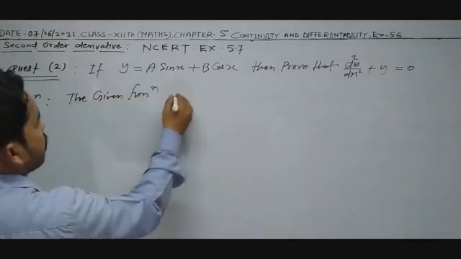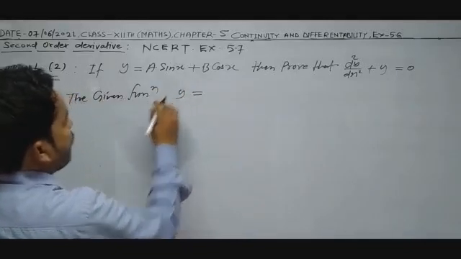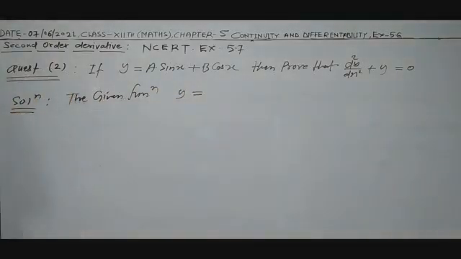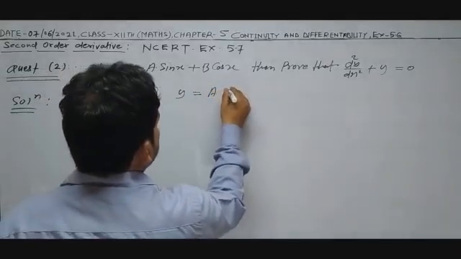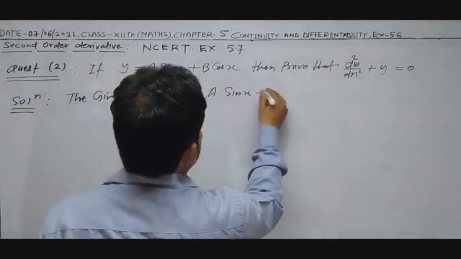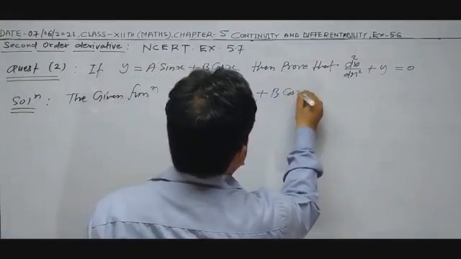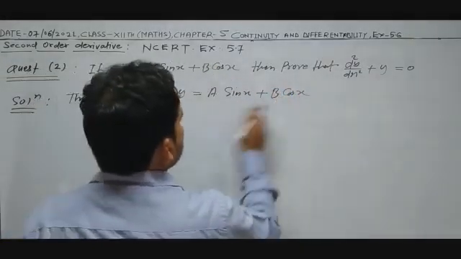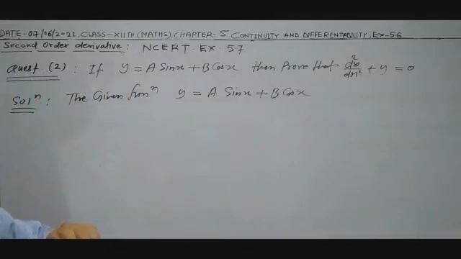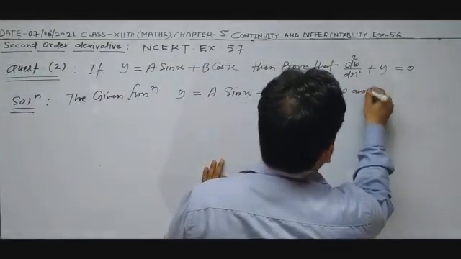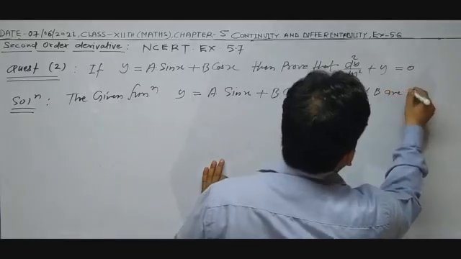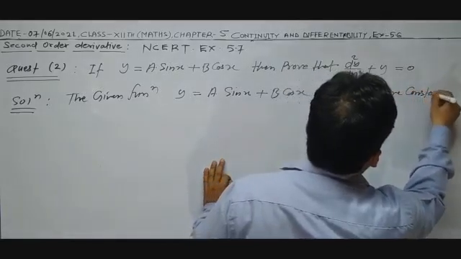The given function y is equal to a times sin x plus b times cos x, where capital A and capital B are constants.